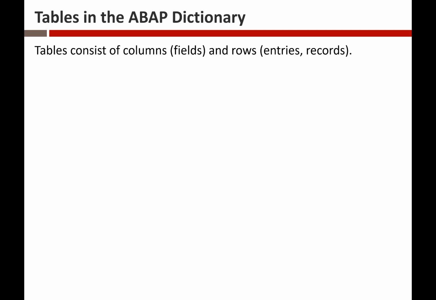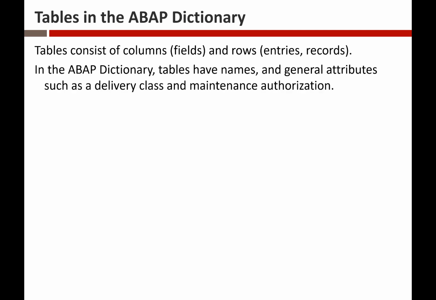So you well know from things that you have done elsewhere, a table consists of fields and rows. In the ABAP dictionary, we have to give a table a name. We have to specify certain attributes of that table, including things such as what are called delivery classes and maintenance authorizations.